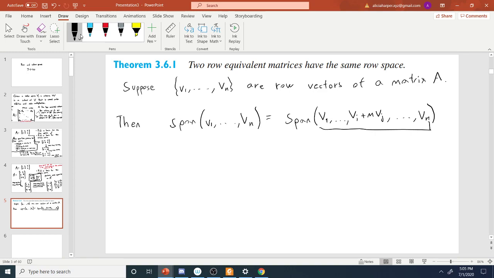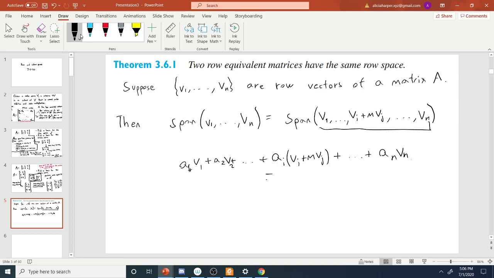Say we have A1 times V1 plus A2 times V2, and so on, plus Ai times (Vi plus M Vj), and so on, plus An times Vn.